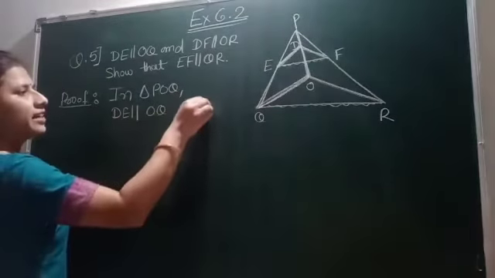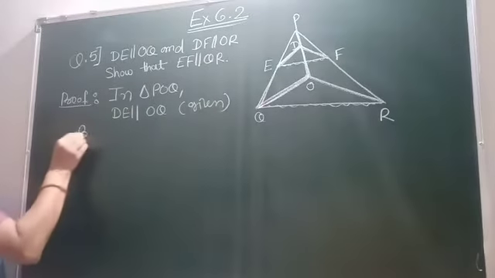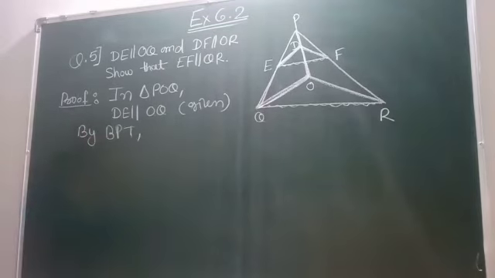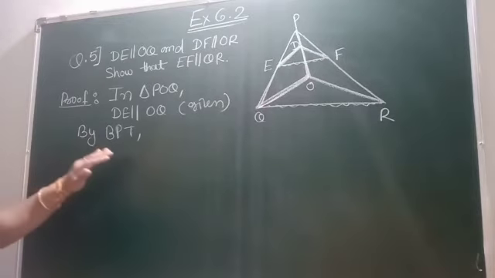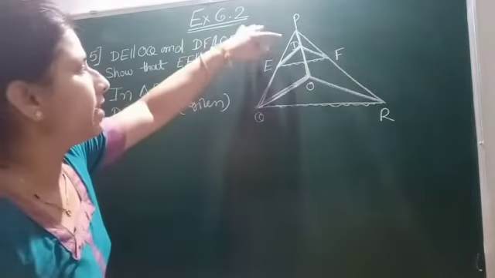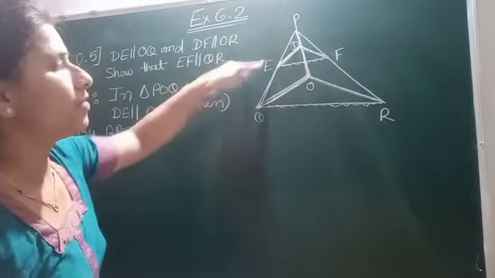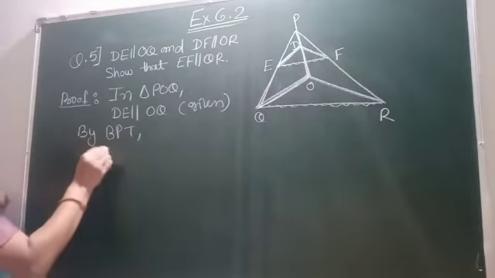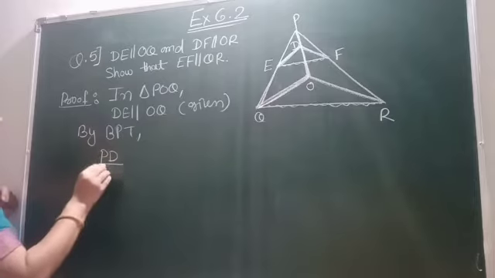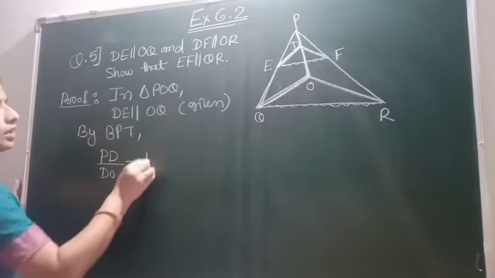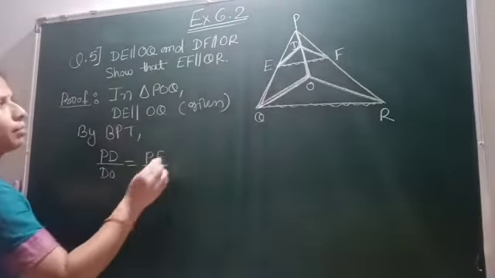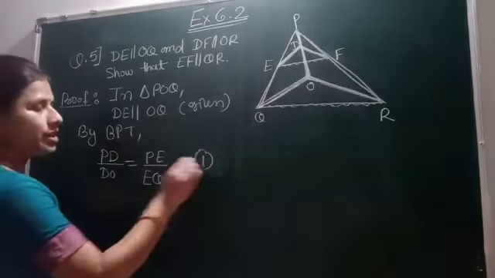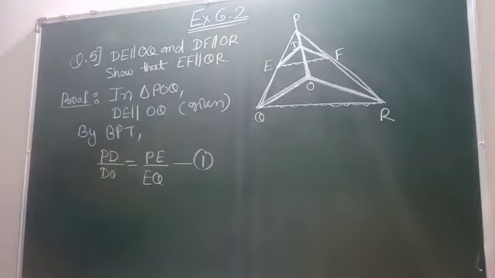So we can easily apply here basic proportionality theorem, and according to this basic proportionality theorem, this line divides the sides of this triangle into equal ratios. So we will write PD upon DO equal PE upon EQ. This one is our equation number 1.